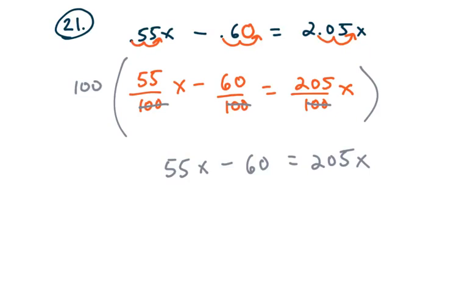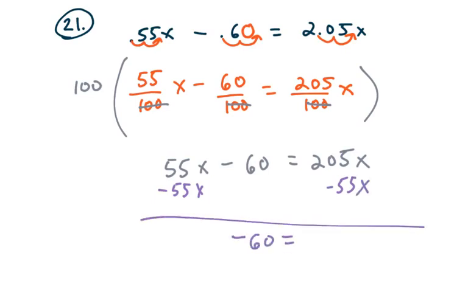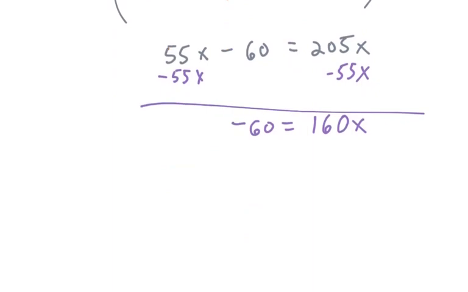And then from here, it's pretty straightforward. We're going to put the x's together. I'm subtracting 55 because I want to keep this positive as long as possible. That's going to be what? 160. I lied, it's 150.